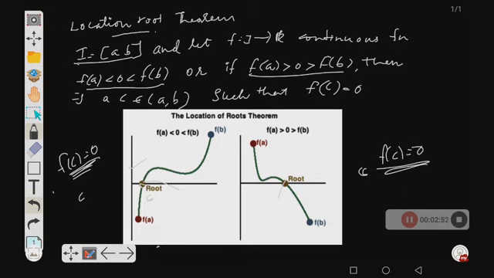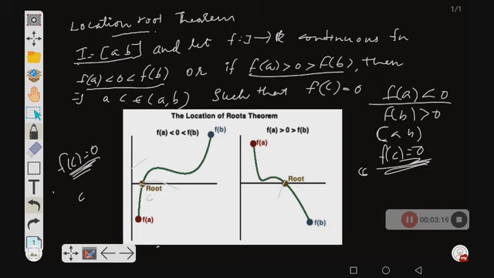That is, if f of a is less than 0 and f of b is greater than 0, then there exists a point c in the open interval (a, b) such that f of c equal to 0. That means c is a root of the function f of x, or c is a root of the equation f of x equal to 0.